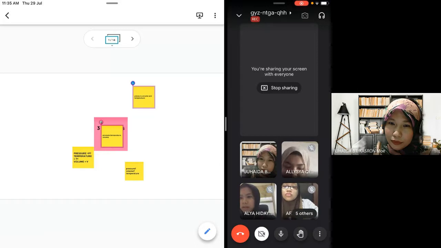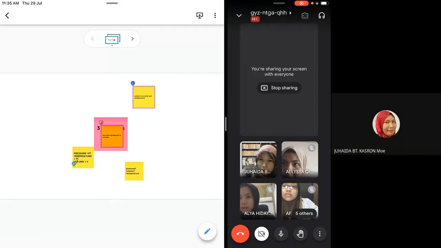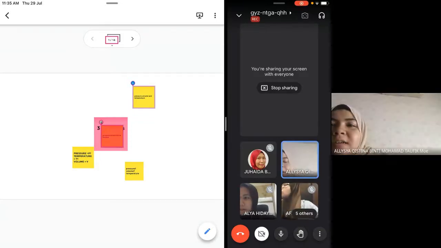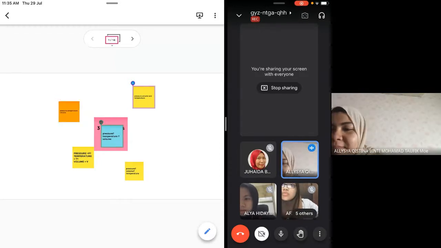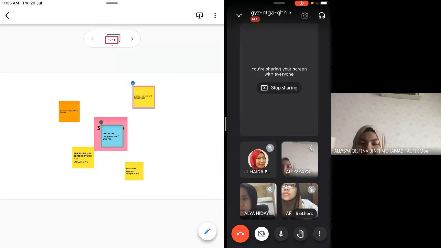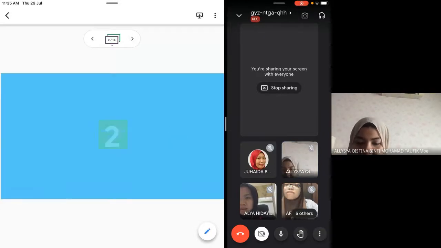Can I ask Alisha to say what are the 3 variables of gas law? The 3 variables are pressure, temperature, and volume. Alright, so everyone got it correctly. Okay, so let's move to the next slide.